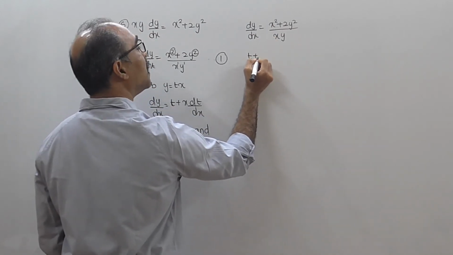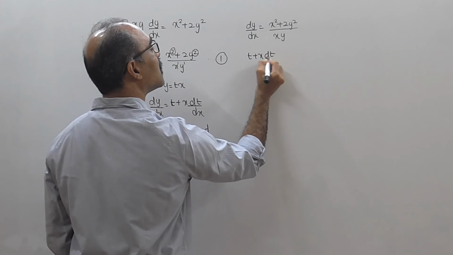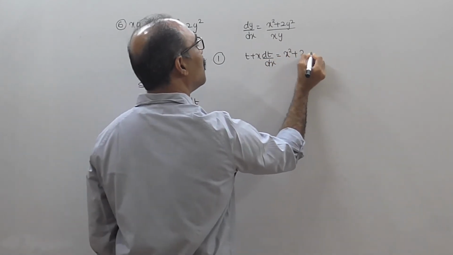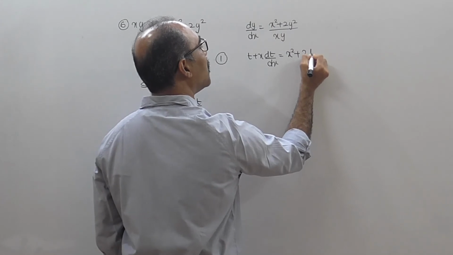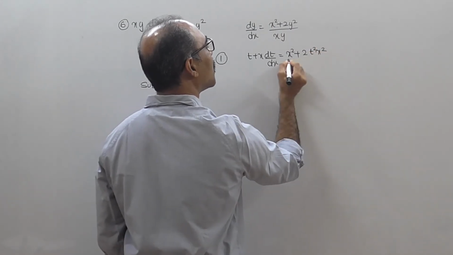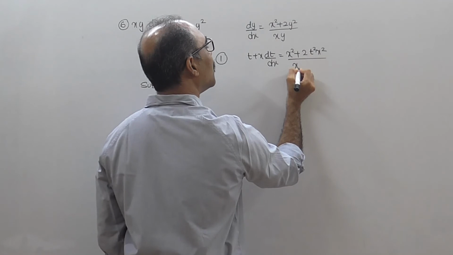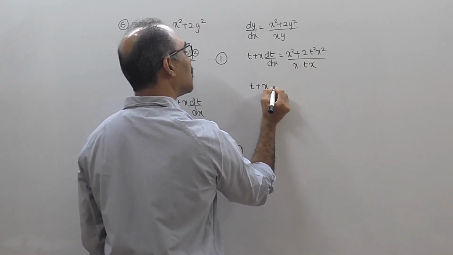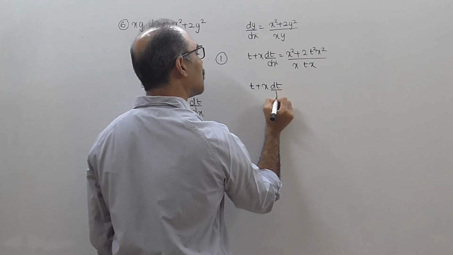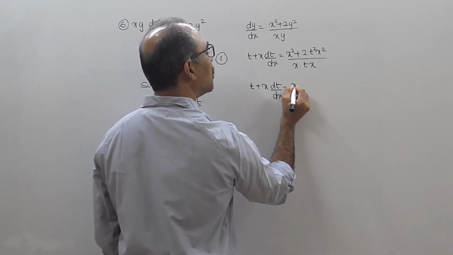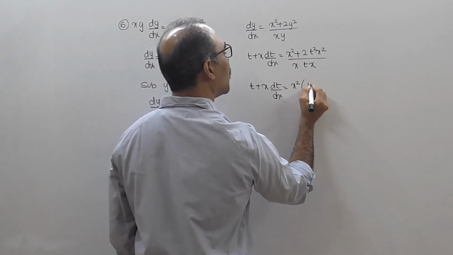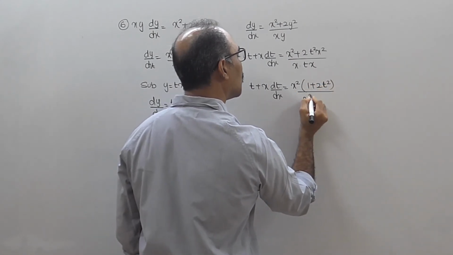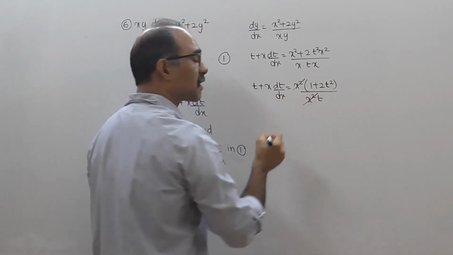So this becomes t plus x dt by dx. X square will remain as it is. Y has to be replaced with t, so this will become t square x square, and x will remain x and y will be tx. So we get t plus x times of dt by dx. You can take x square common, we get 1 plus 2t square the whole upon x square. Cancel x square x square.